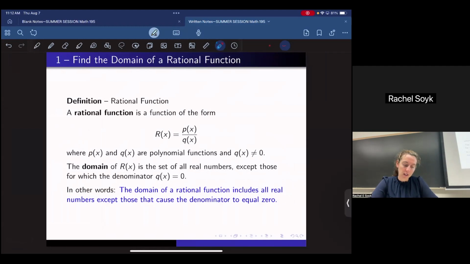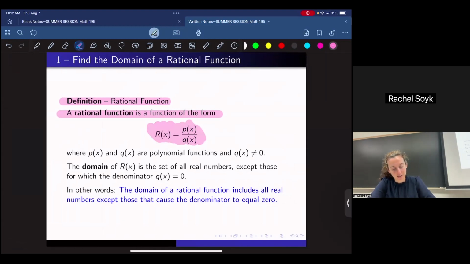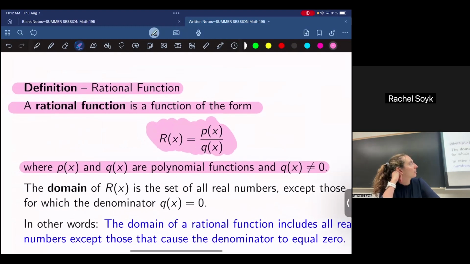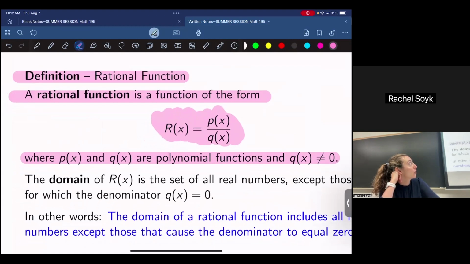So definition, maybe I'll have a student read this in pink. Rational function. Yes, Arnella. A rational function is a function of the form R of x equals P of x over Q of x.